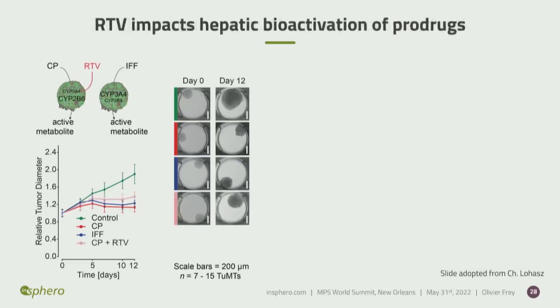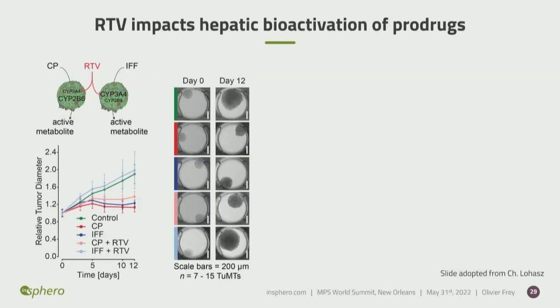And if we now add ritonavir, we see that the growth is again getting higher because parts of the liver CYPs are inactivated, which means that we have less activation, and that's why again higher growth.